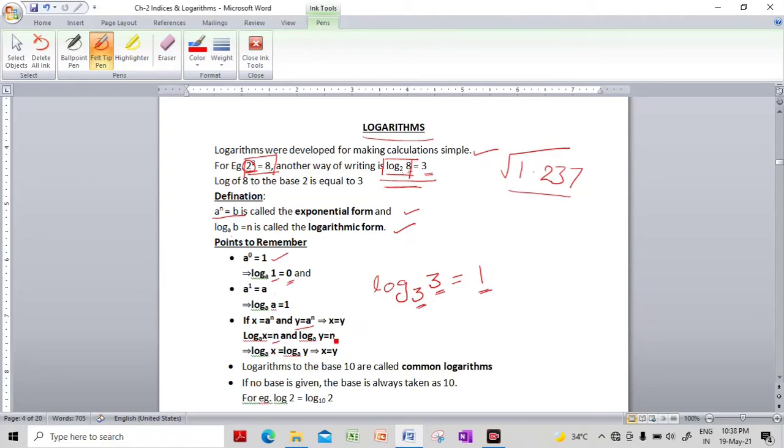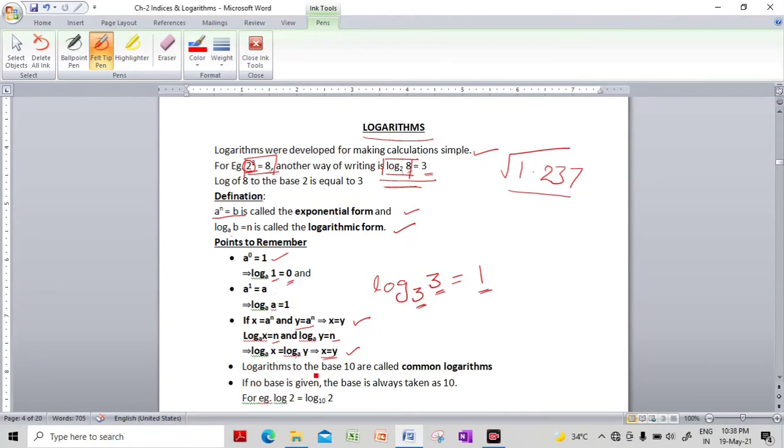As the RHS is equal, their LHS will also be equal, which also gives us that x is equal to y. So whatever rule is applicable for exponential form is true for logarithmic form also.